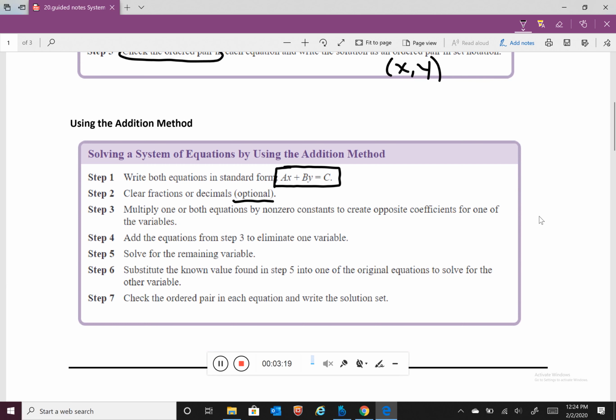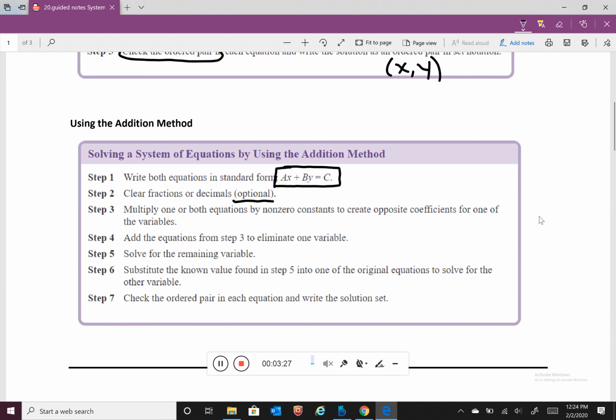An optional step here is to clear your fractions or decimals for each equation just to make your life easier. Now, the addition method means I'm going to add vertically. So I'm going to add my x terms, I'm going to add my y terms, I'm going to add my constants in order for one of the variables to cancel.